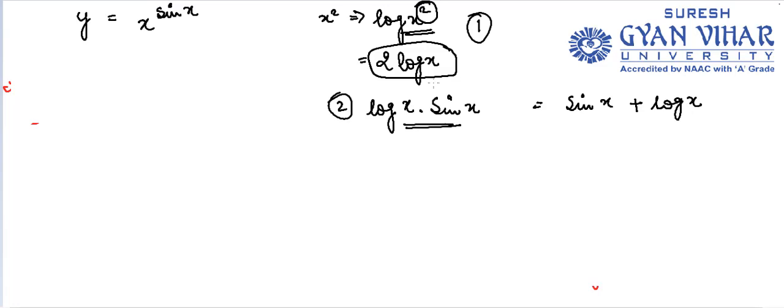Let's understand it with log of (x minus 3) times (x minus 2).